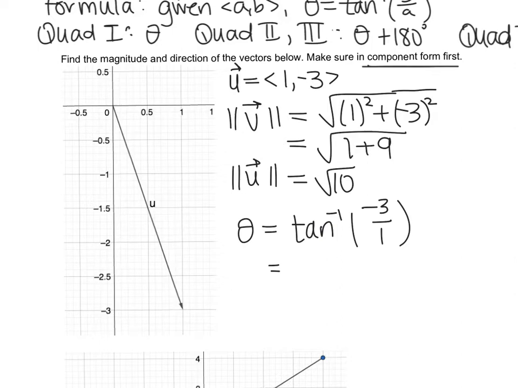So when I do tangent inverse of negative 3, we are going to get that theta is approximately negative 71.57. But remember, we have to pay attention to what quadrant we're in. And our vector is in quadrant 4. So what I want to do is add 360 degrees to this.